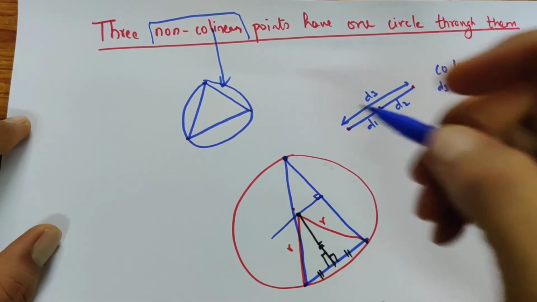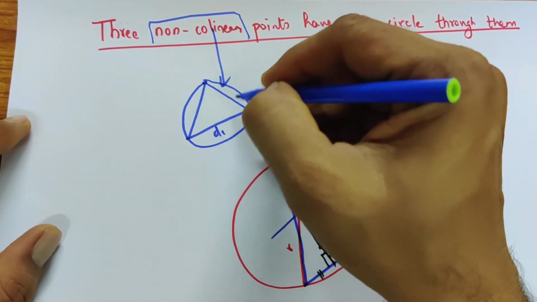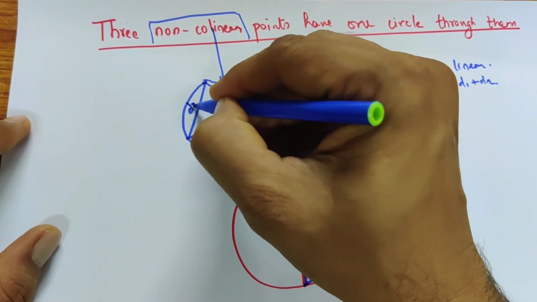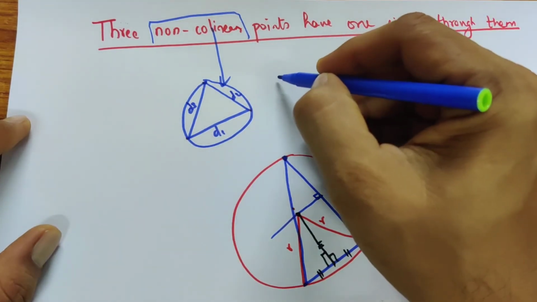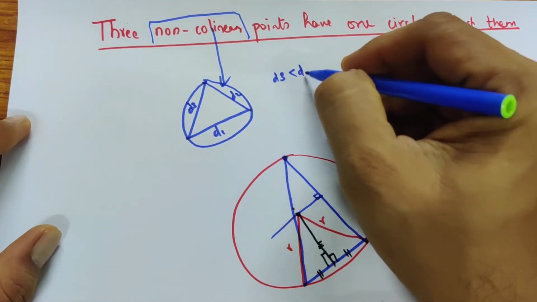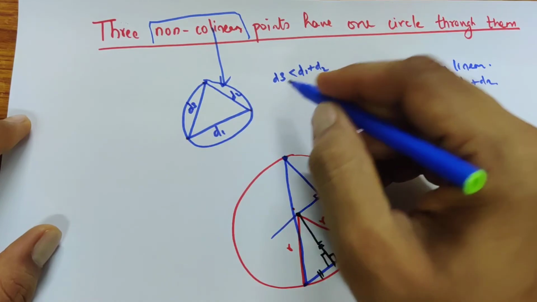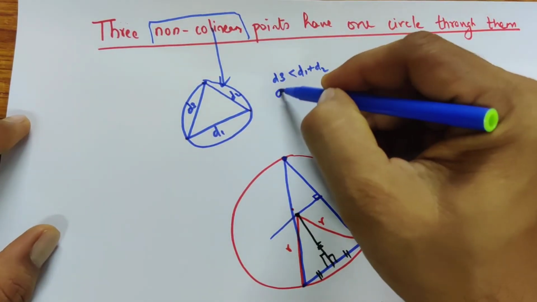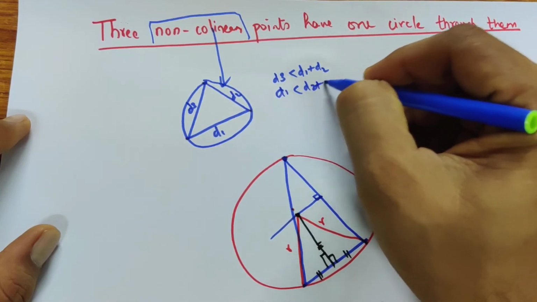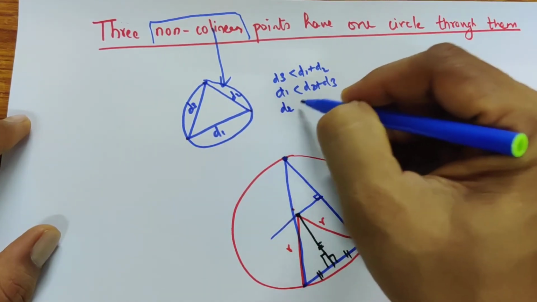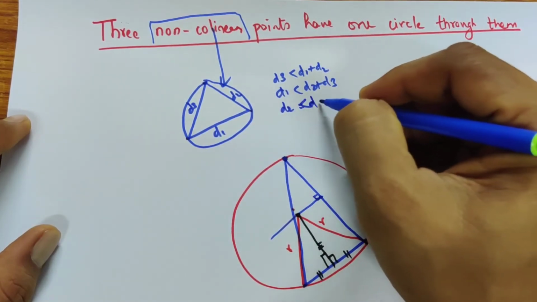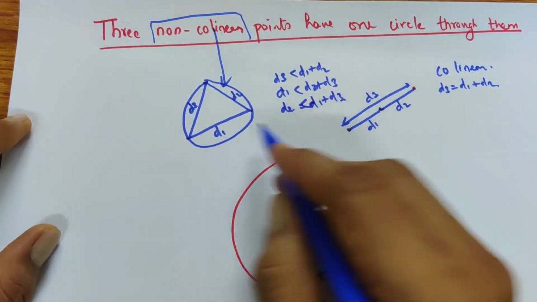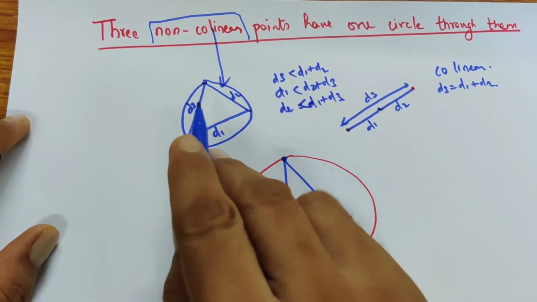So to summarize, you will always have, let's say, a distance d3 that is less than d1 plus d2. Any of them you can take, and the other way around. So you have the triangle inequality. When it holds, the points are non-collinear.